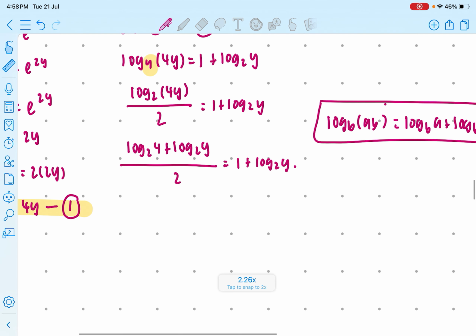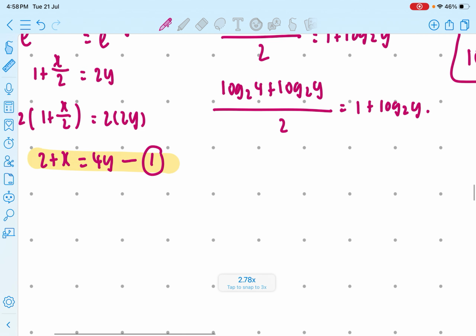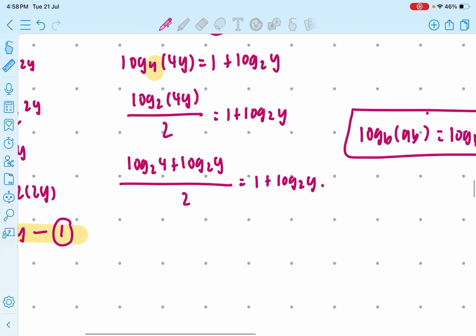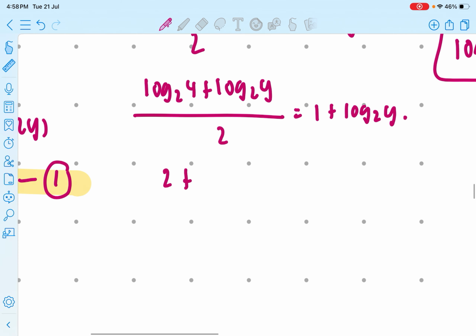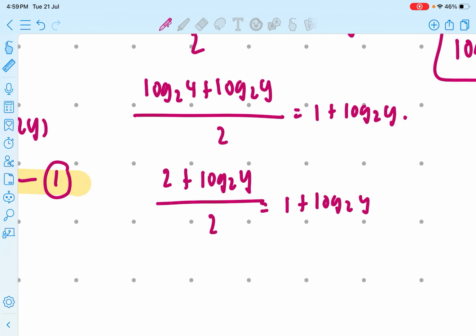Since we know that log base 2 of 4 equals 2, this basically becomes (2 + log base 2 of y) over 2 equals 1 + log base 2 of y.